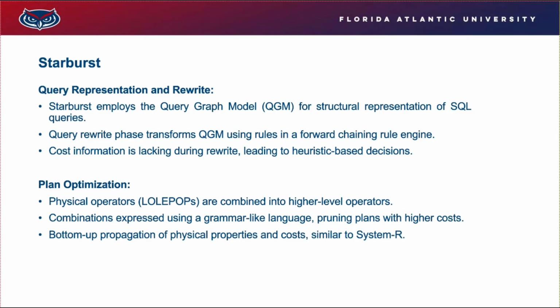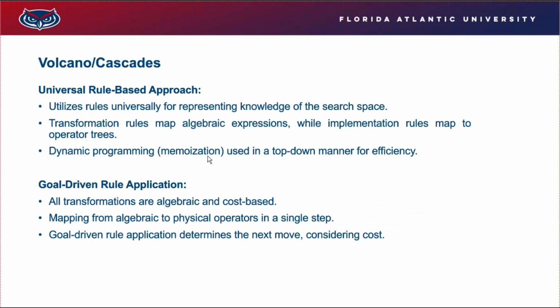In the plan optimization phase, physical operators, LOLEPOPs, are combined in different ways to form higher level operators. Physical operator combinations are expressed using a grammar-like language, pruning plans with higher cost. Physical operators and cost are propagated bottom-up, similar to System R or the bottom-up enumeration scheme.